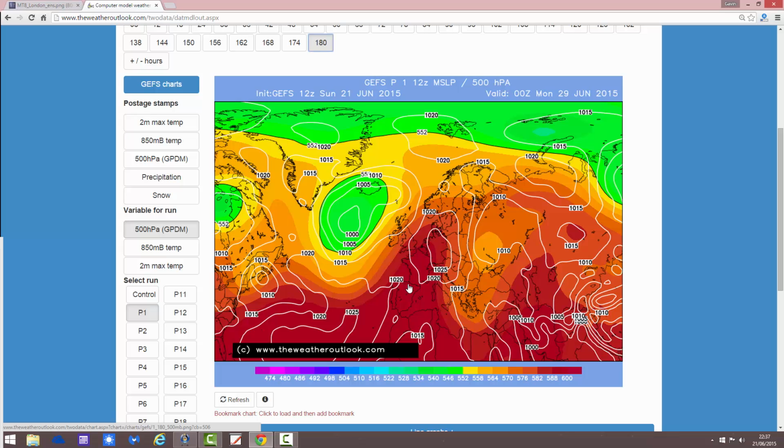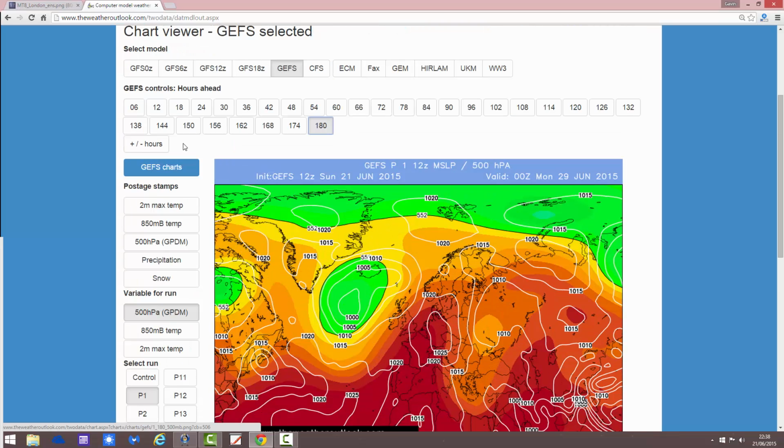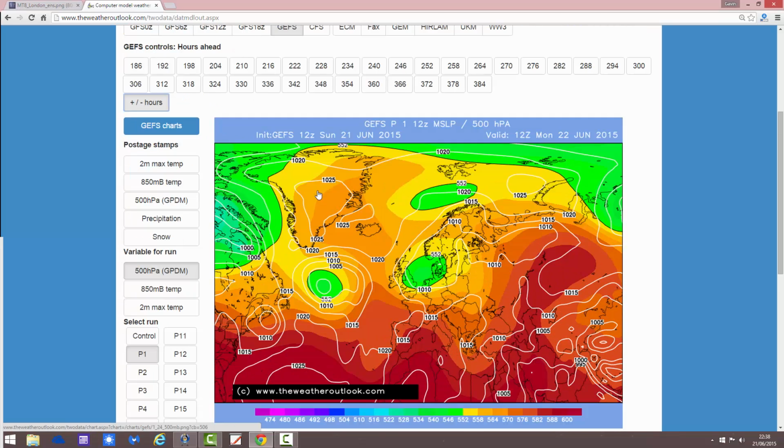And we can see about 180 hours ahead, this ensemble member brings up this very warm southerly wind, with high pressure centred across Germany and low pressure out in the Atlantic. We can go even further ahead than that. We can go right to the very end, as far as we can go with P number 1, which is 384 hours away, very similar to the operational run, which goes out to 384 hours away.